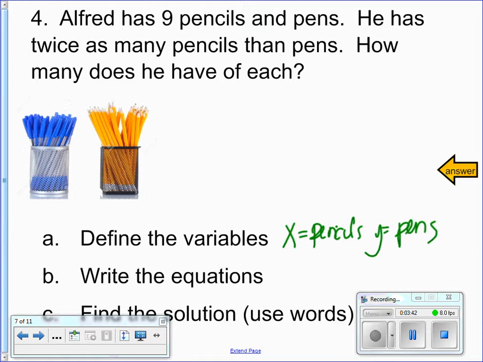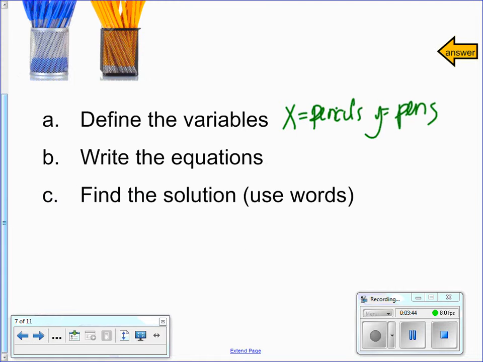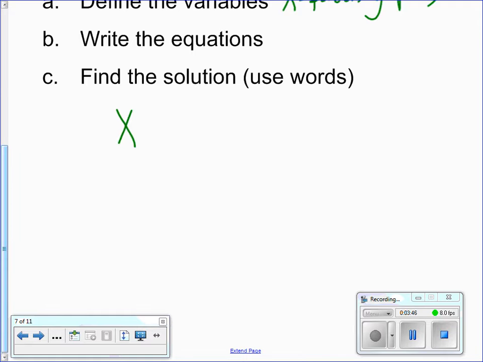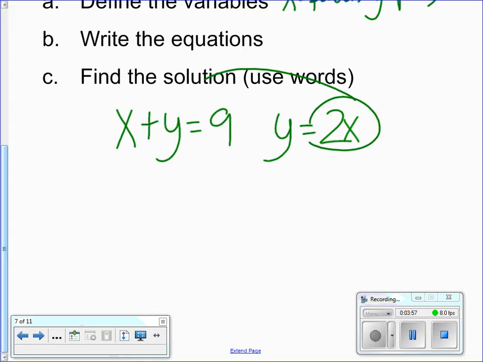Then I need to write my two equations. I know that together they equal 9. And I know that there are twice as many pens as there are pencils. So this goes in for y. So I get x plus 2x equals 9.